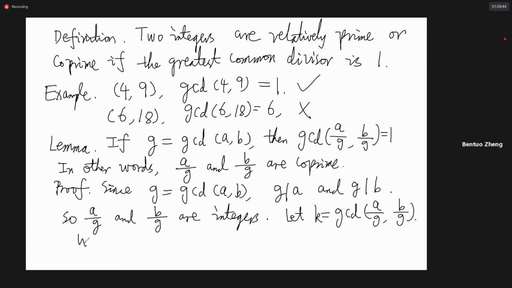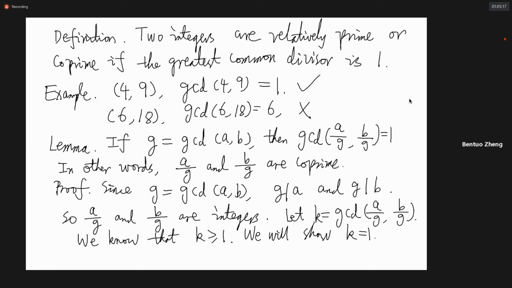So we know that K is always greater than or equal to 1, because the greatest common divisor we just proved is greater than 0, but since it is an integer, it has to be greater than or equal to 1. So we'll show actually K is equal to 1.